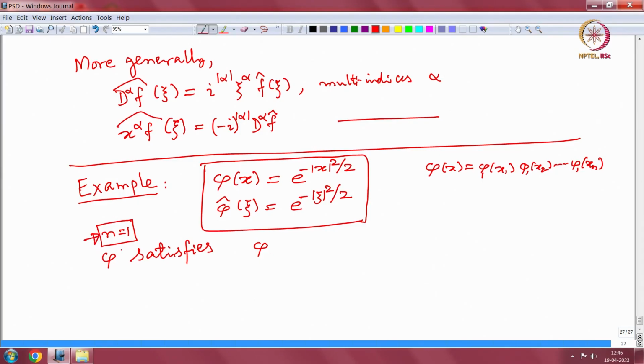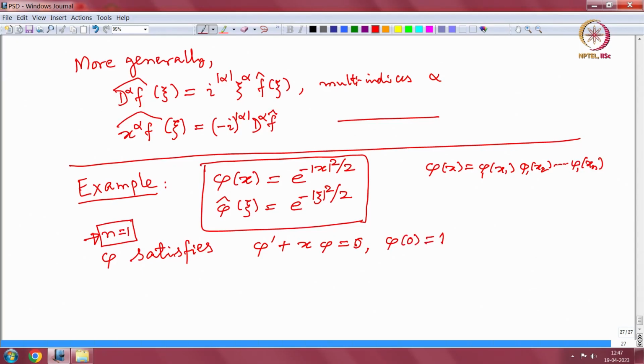So, for n equal to 1, phi satisfies this ODE: phi prime is minus x phi, and phi of 0 is 1.